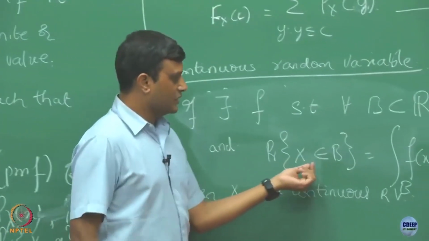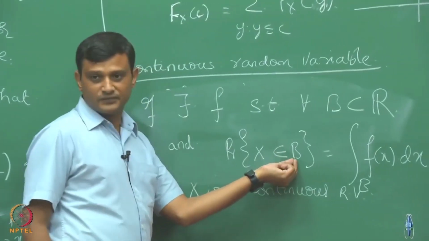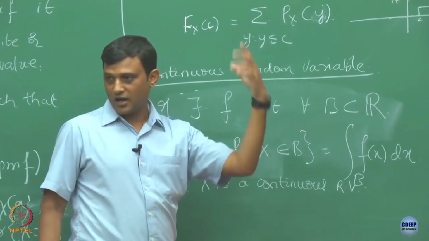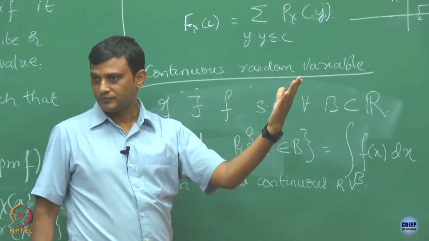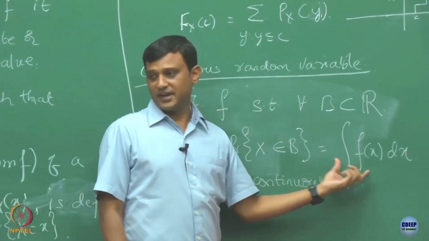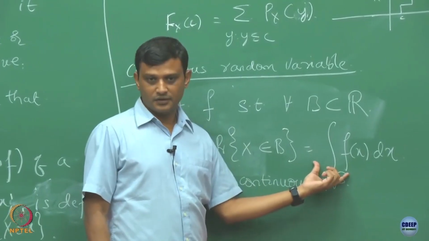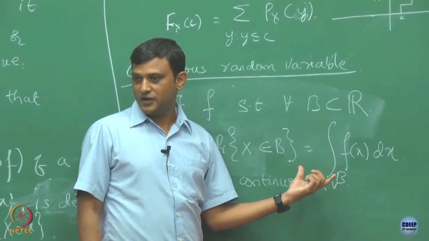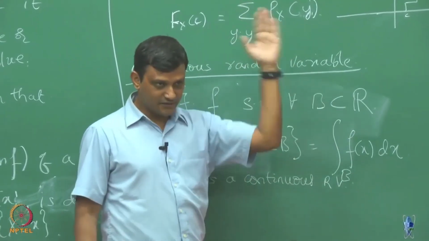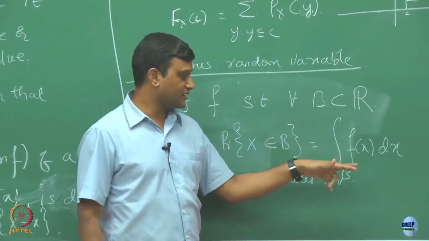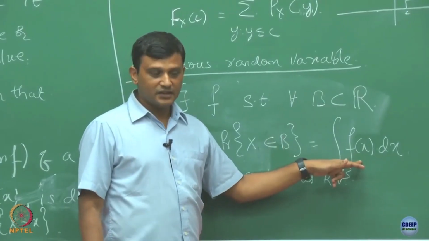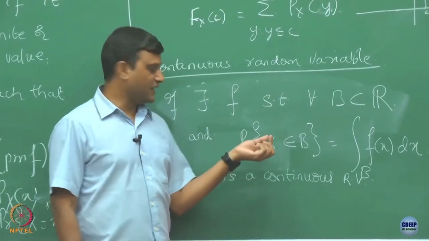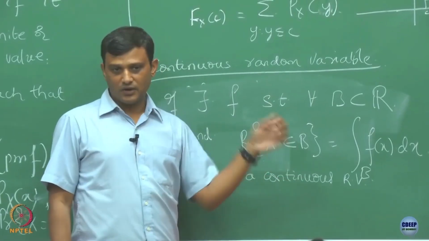Now you have to deal with x taking a continuous set of values, or uncountably many. So now you have to define that through integration. That's where this integration is coming. And now you are saying that if there exists such an f such that this holds for any b, you are going to ask whether my x belongs to b, for whatever b you like.